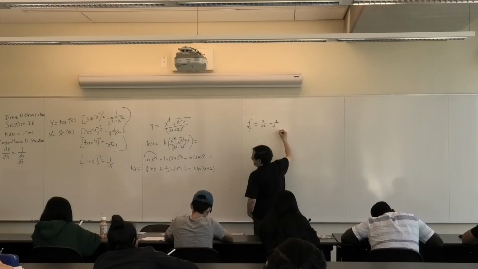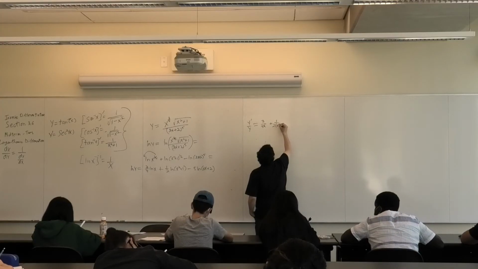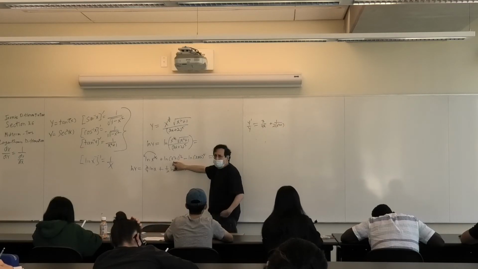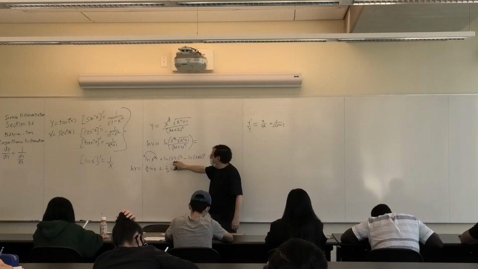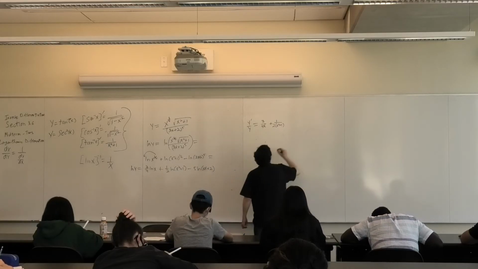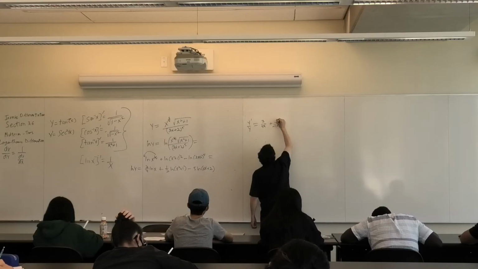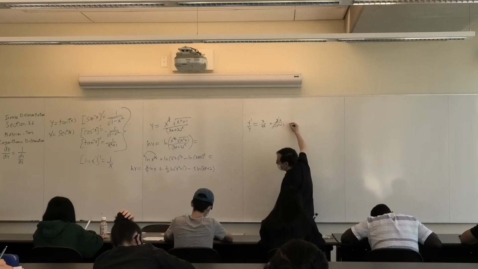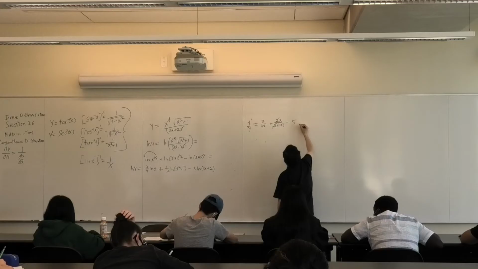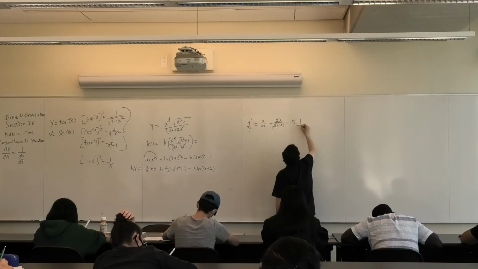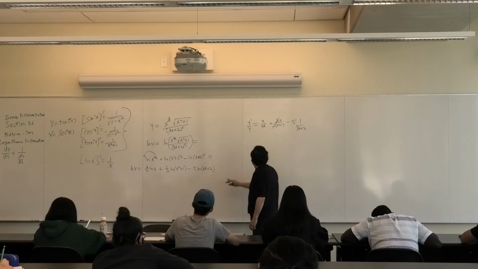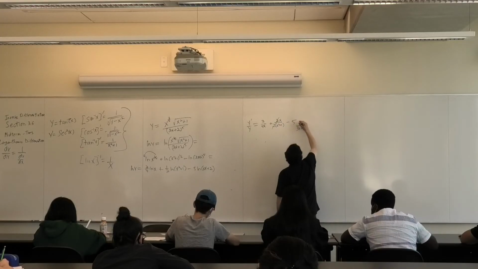Minus one half times 1 over x squared plus 1, but now I have to use the chain rule here, so times 2x. It's nice, that's going to cancel. Minus 5 times 1 over 3x plus 2. Again, I have to use the chain rule, but that just introduces a factor of 3.